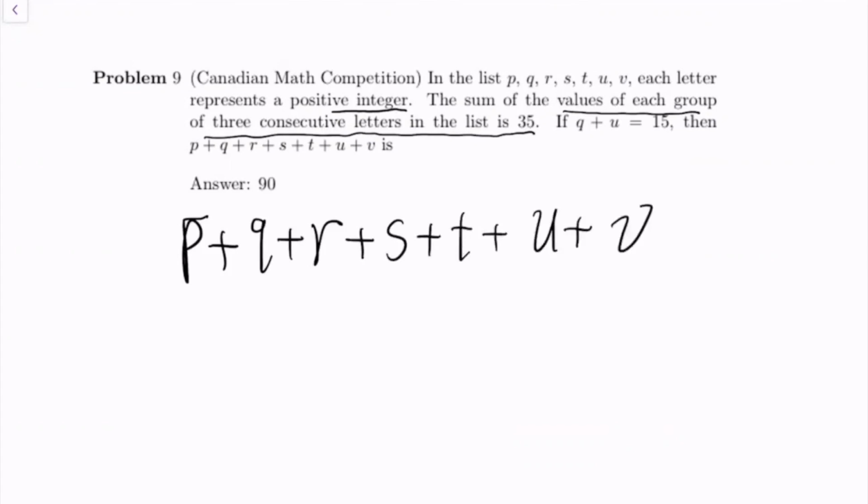Now, we know these three added together is the same as these three added together, so they all equal 35. What does this tell us?